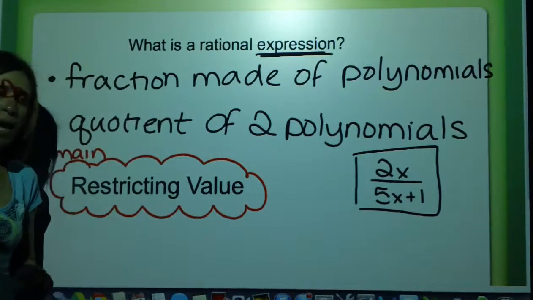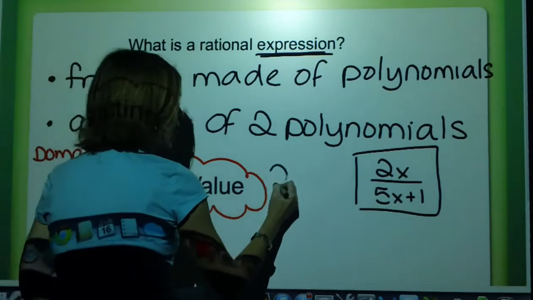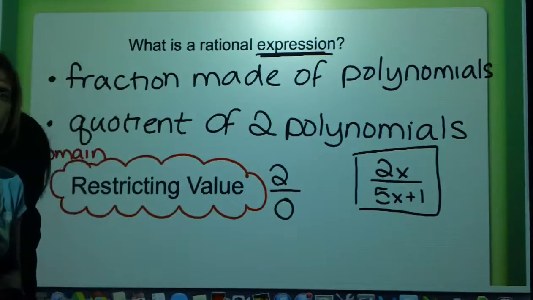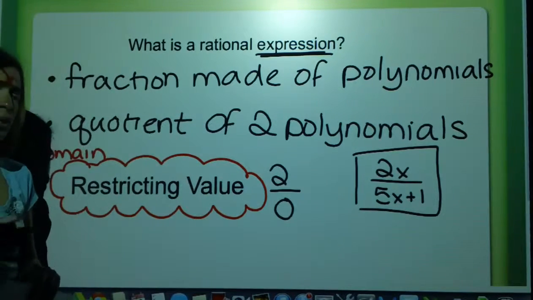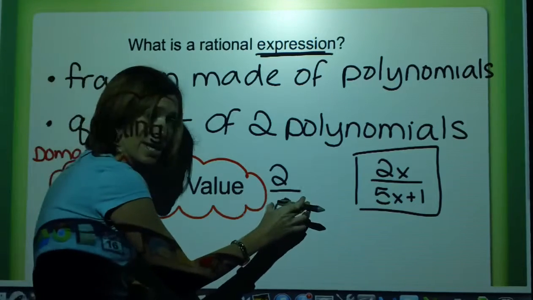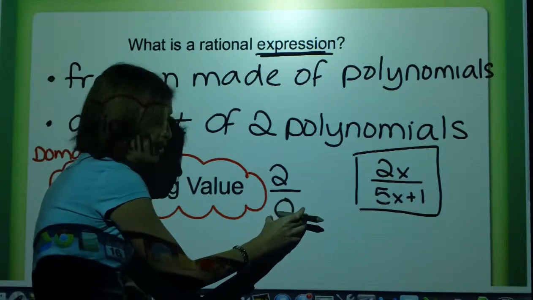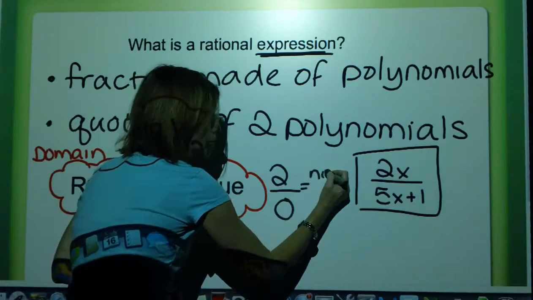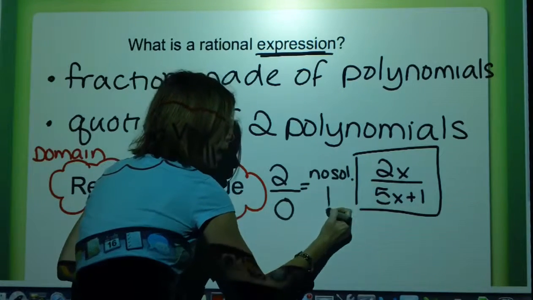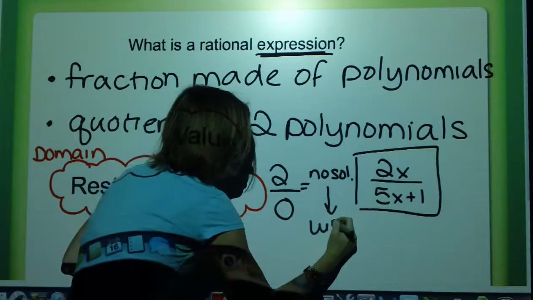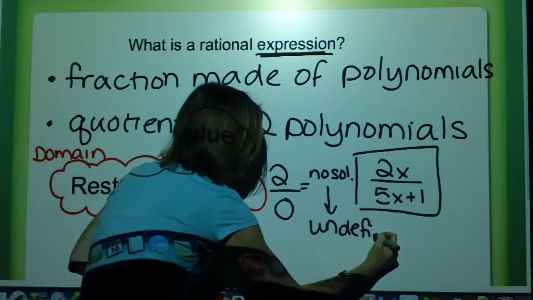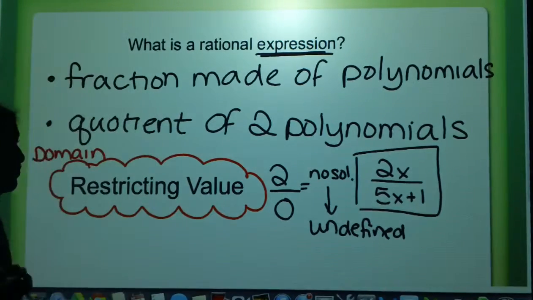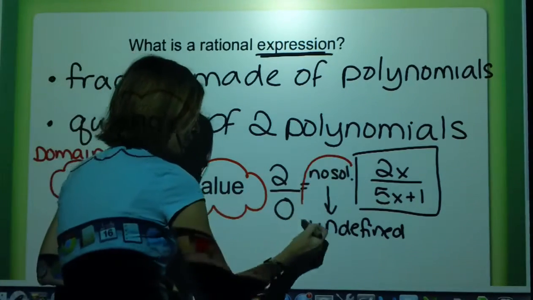Are you allowed to have a 0 in the denominator of a fraction? We've talked about this a good bit now. 0 can never be in the denominator of a fraction. If it is, you get a value that is no solution. Another word in math for no solution is undefined. There's no way for us to define it. So we're going to be using these two.